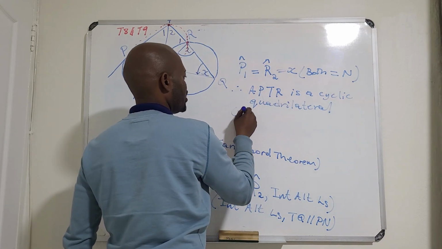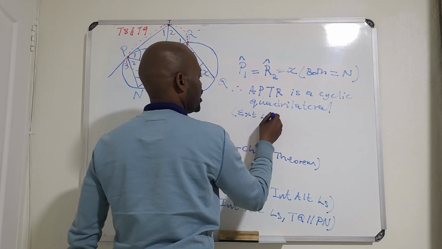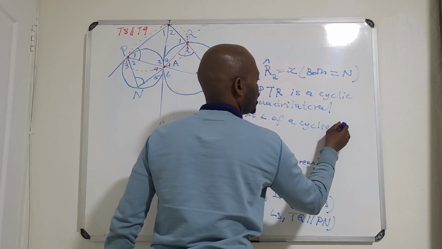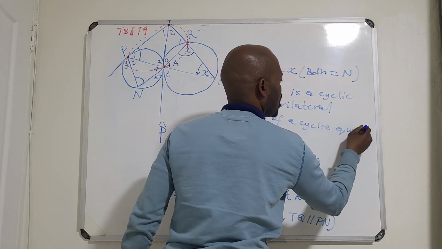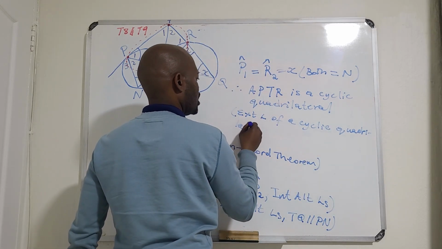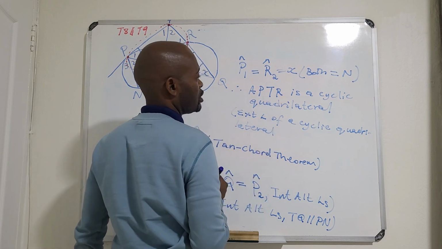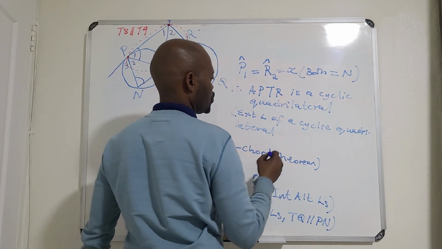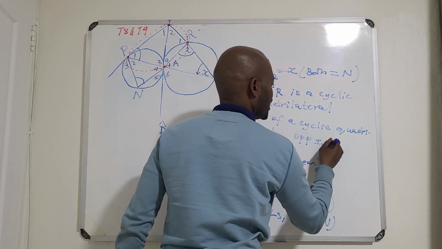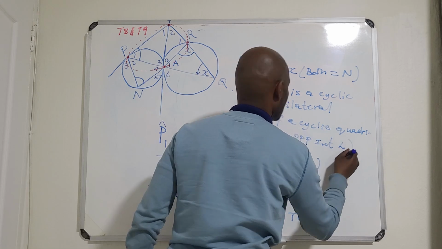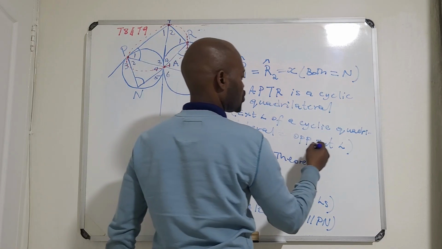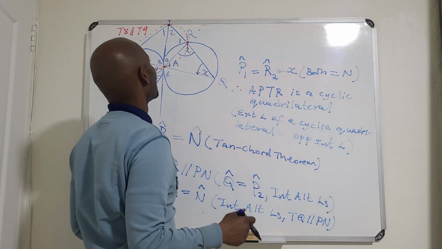It is because of exterior angle of a cyclic quadrilateral is equal to the opposite interior angle.